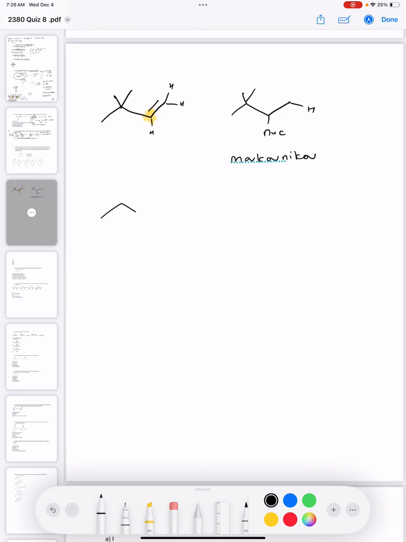If it adds the other way, where you get your nucleophile on the less substituted side, so instead of OH, I'll just write nucleophile, on the less substituted side, and the hydrogen on the more substituted side, this is anti-Markovnikov.